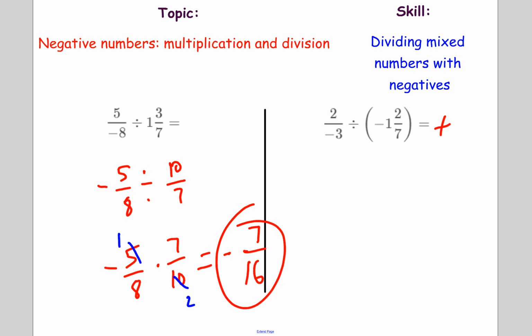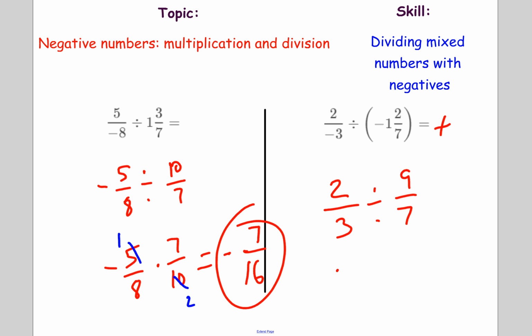And then this goes back to what you guys did in earlier grades. So 2 over 3. I'm going to even ignore the signs now because I already know the answer is going to be positive. 2 over 3 divided by 1 times 7 is 7 plus 2 is 9 over 7.